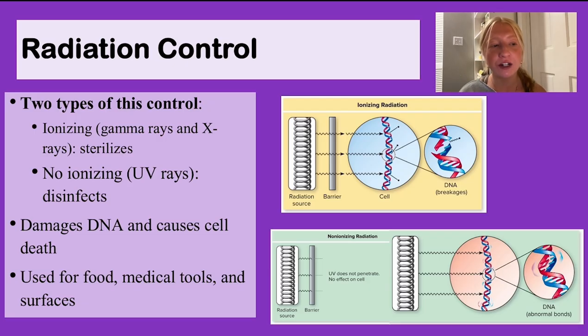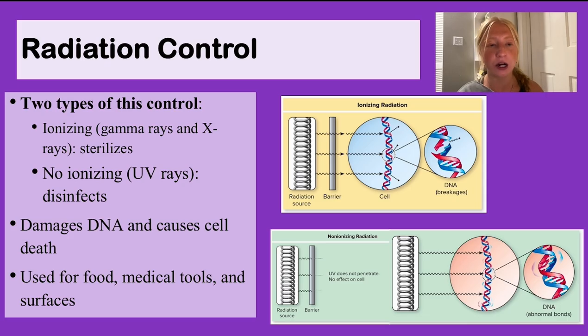So there are different types of radiation control too. There's ionizing and non-ionizing. Ionizing radiation includes gamma rays and X-rays, and it will penetrate and sterilize materials that can't handle heat, like medical equipment and packaged foods. It causes DNA mutations and destroys enzymes that are used for repair.